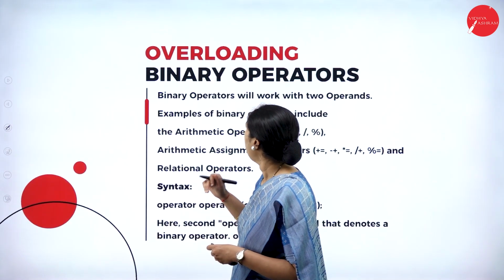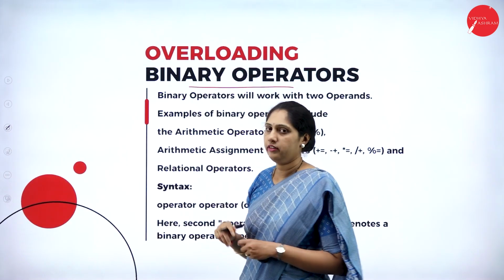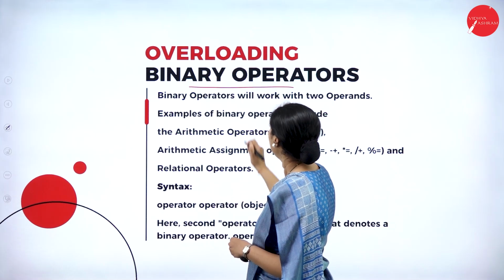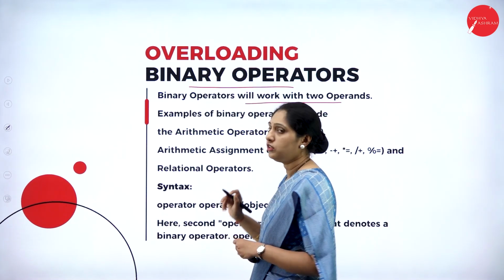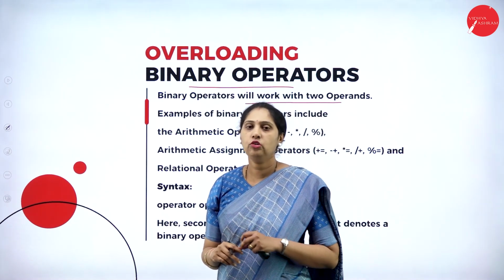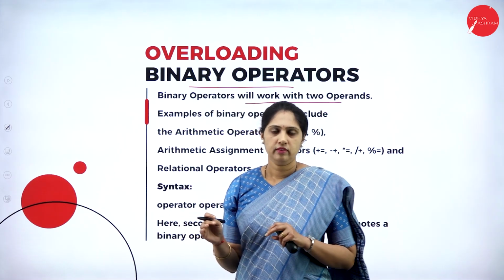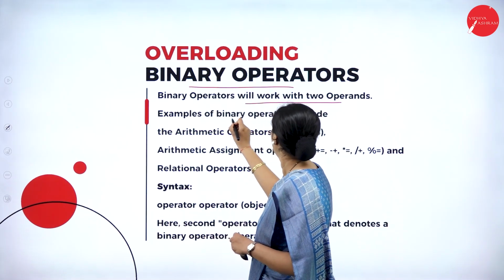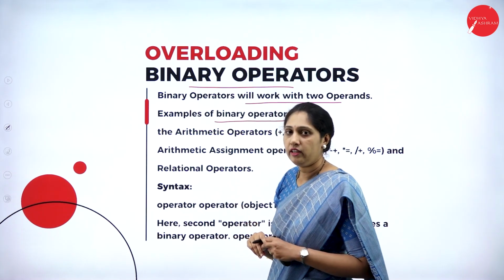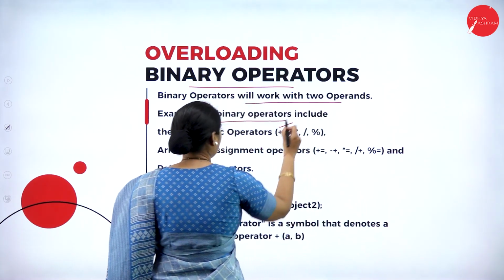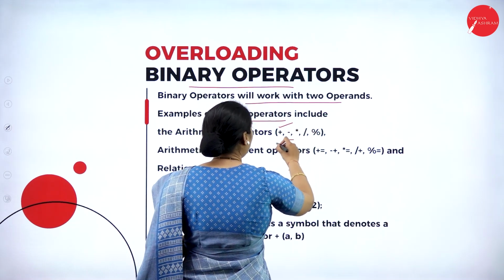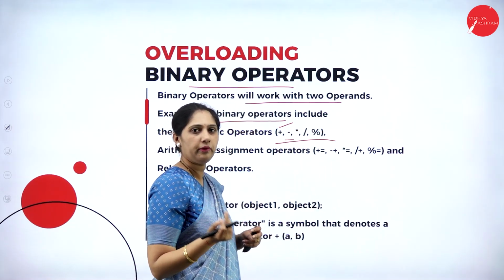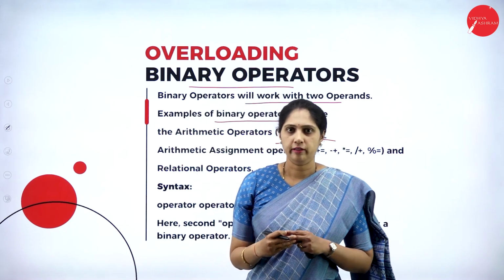Next, what about binary operators? The binary operator works with two operands, say A and B, and then we'll use A plus B. That is a binary operator. What are the examples of binary operators? We discussed plus. Similarly, minus, all the arithmetic operators: add, subtract, multiply, divide.